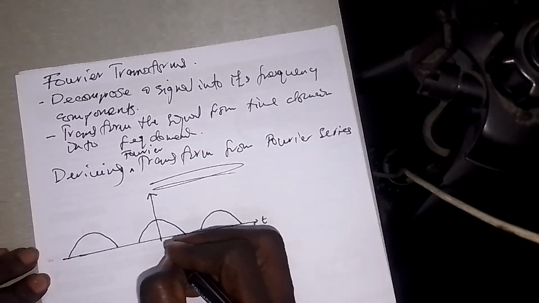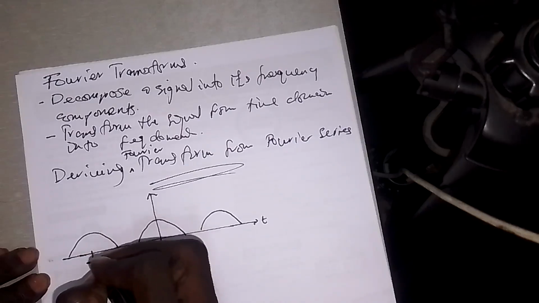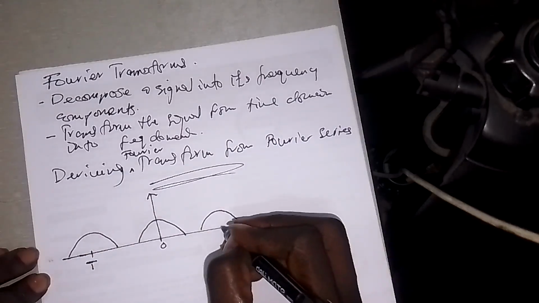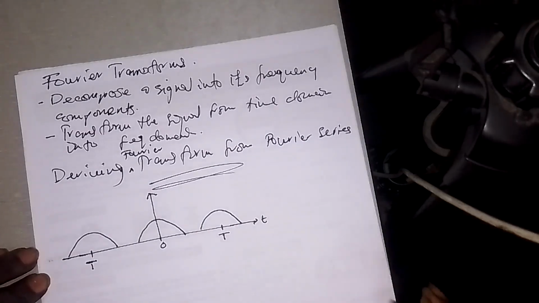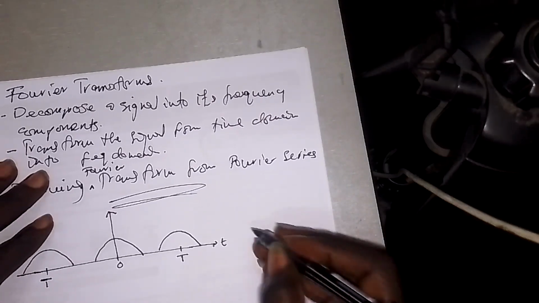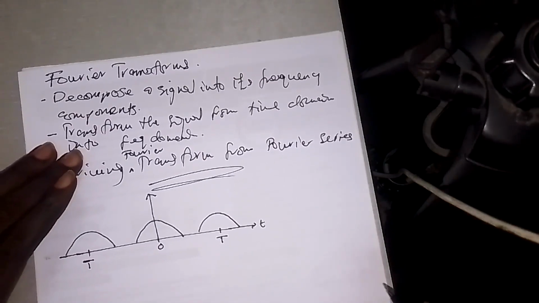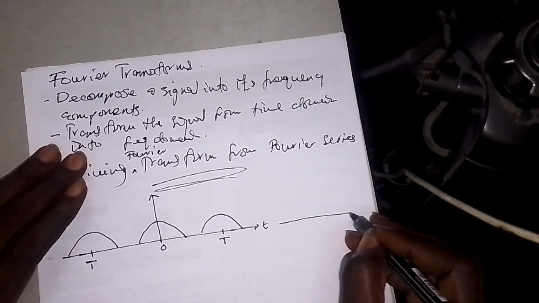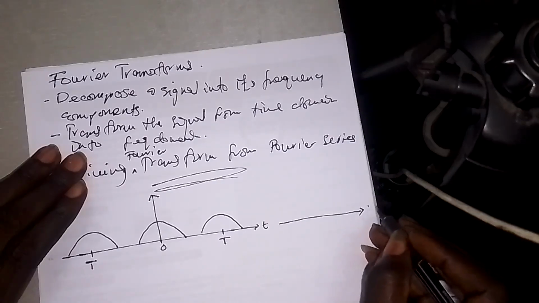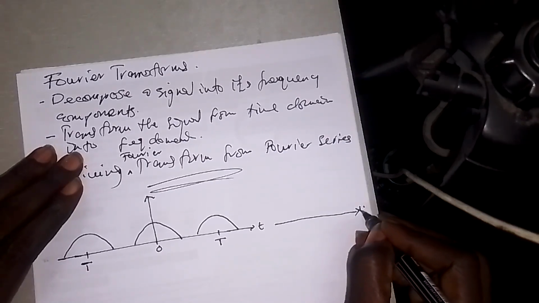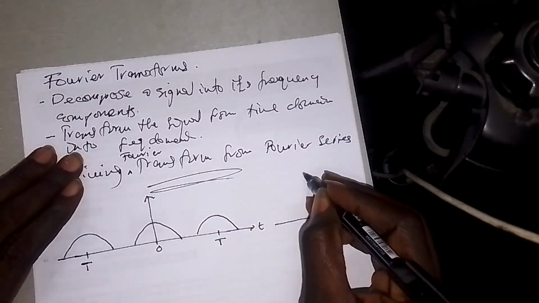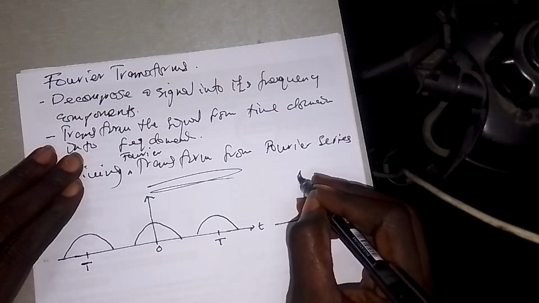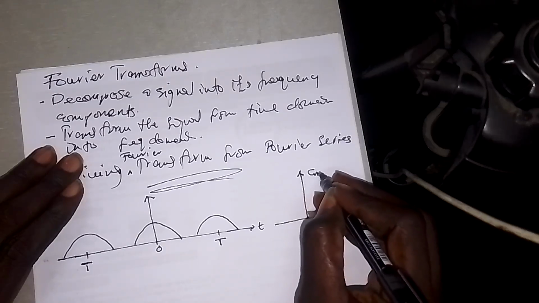Let's say here is 0, and here is T. From this signal we could realize its frequency spectrum or magnitude spectrum. The magnitude spectrum here becomes frequency W against amplitude, let's say Cm.